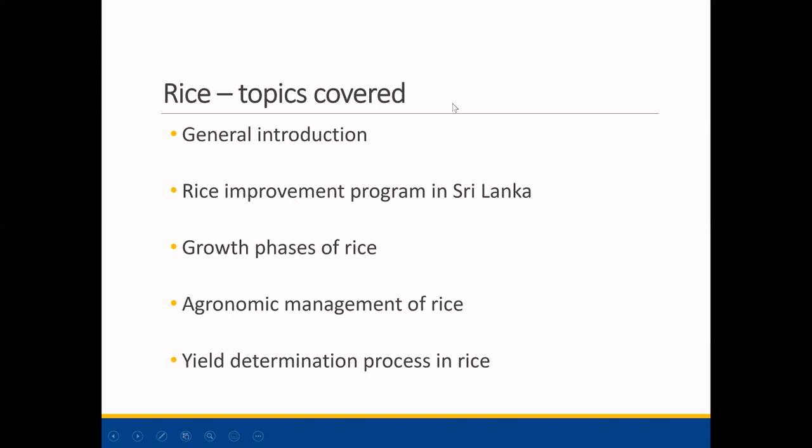So these are the topics we are going to cover for this talk. As I said earlier, rice is a very important crop for us. We'll have a look at some general introductory material: how rice originated, its classification, and its importance globally and also in Sri Lanka, how much we produce, and some general statistics.